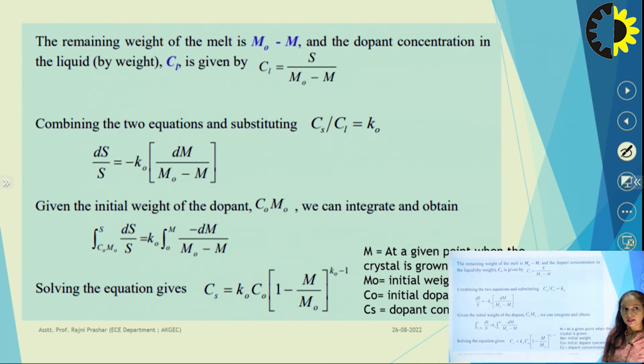By solving this equation, we get Cs equal to K0 C0 (1 minus M by M0) raised to the power K0 minus 1, where M is the crystal weight grown at any given point, M0 is the initial weight, C0 is the initial dopant concentration, and Cs is the dopant concentration in the solid.